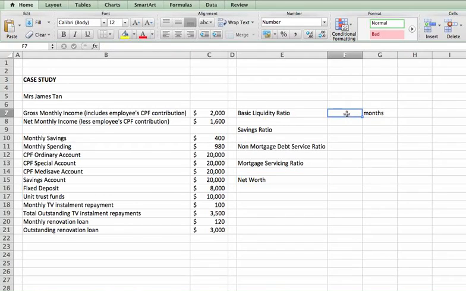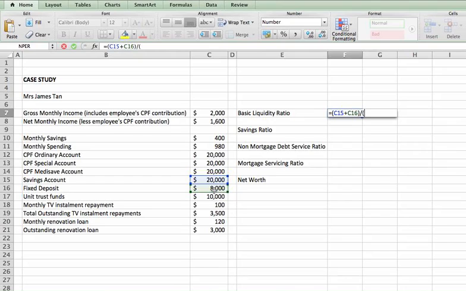Firstly, for basic liquidity ratio, which is liquid assets divided by monthly expenses. Now, her liquid assets include her savings account of $20,000 and her fixed deposit account of $8,000.